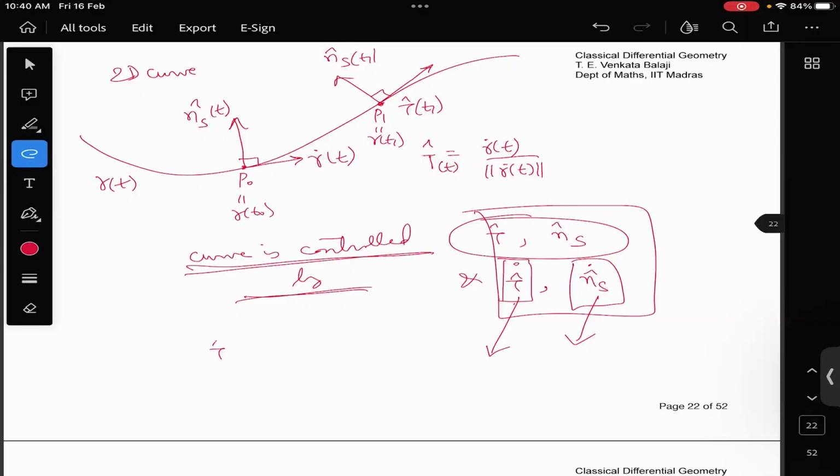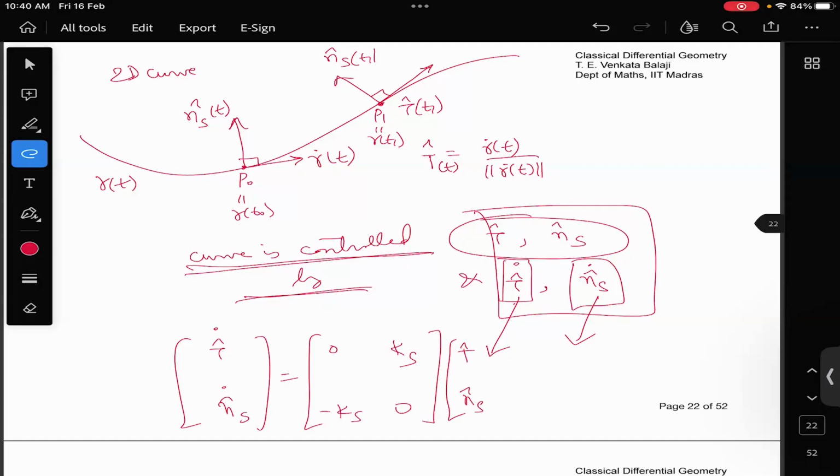You will get T cap dot, N cap dot equal to, let me write it as a matrix like this: k_s, minus k_s, 0, 0, times T cap, N cap. This is the equation. In other words, this is the same as writing T cap dot is just k_s N cap, and N cap dot is equal to minus k_s T cap.